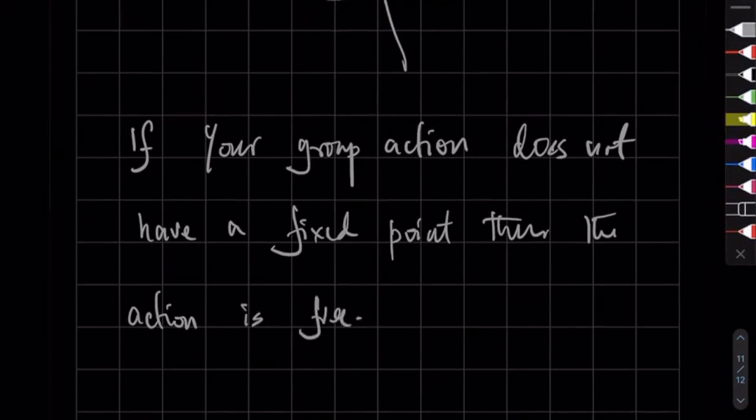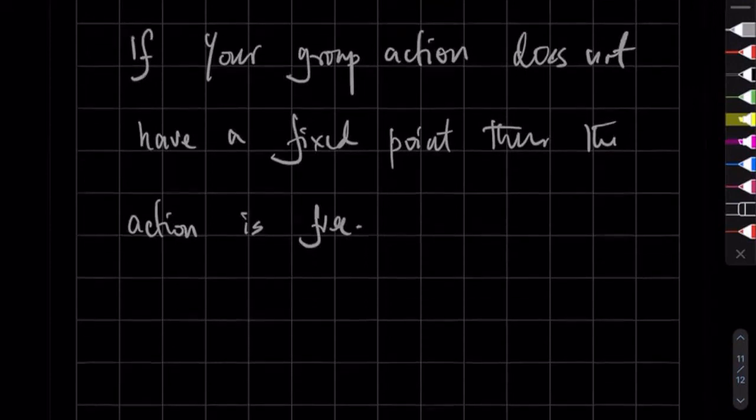The action of SO3 on S2 is not free, but the action of SO2 on S1 is free, right? Like rotating a circle, so no point is fixed. Exactly. Okay. Yes, sir. So that's free action.